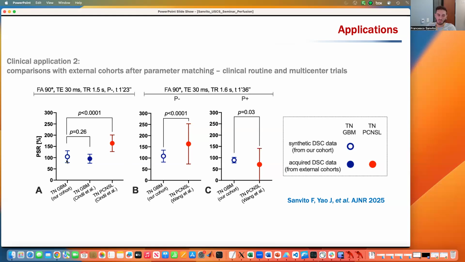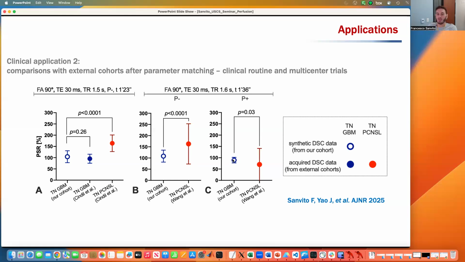So in this case, we matched our glioblastoma cases in terms of PSR values, and we matched the parameters of a certain external study. We show there is no difference with their glioblastomas, but there are clear differences with their lymphoma cohort. And the same for another study where we matched to their different parameters.